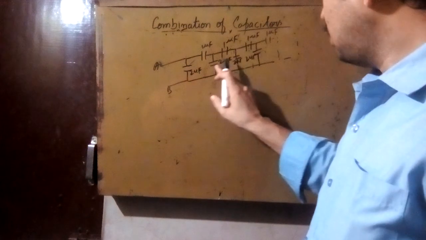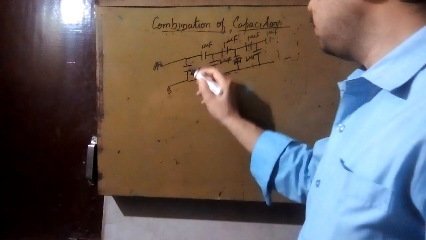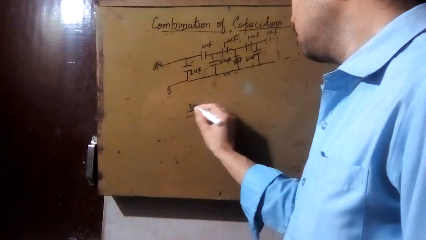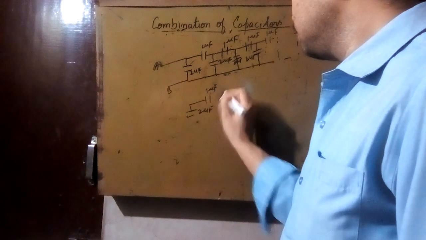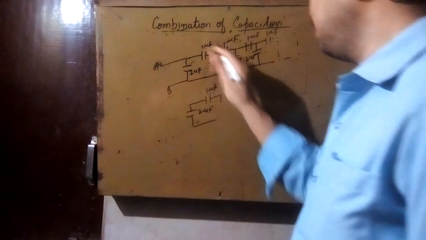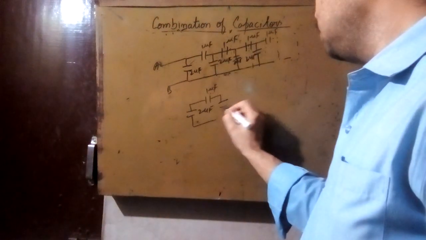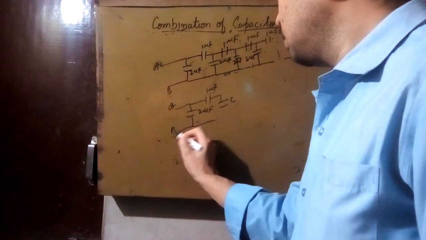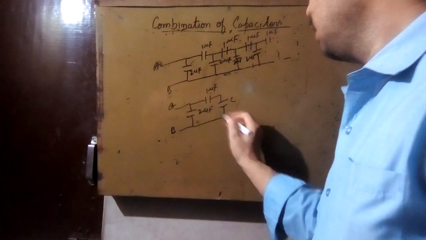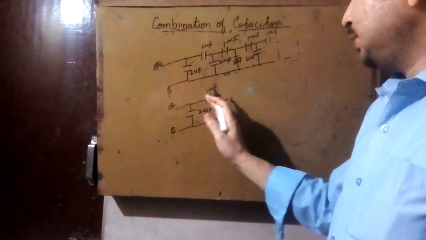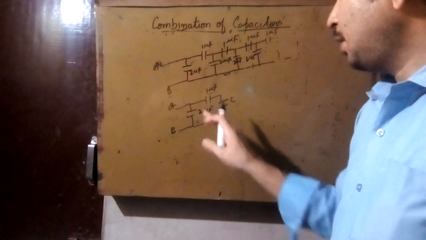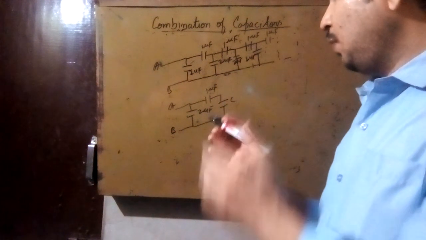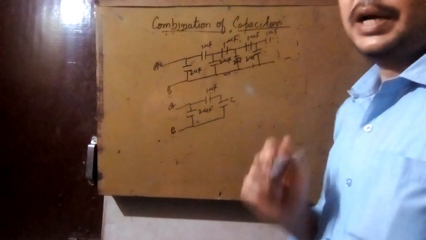Let the combination be, leave one pair, 2, 1. And let the combination of all the pairs be equal to C. You have to find the net capacitance between A and B. So you can see I have left only one repeating pair, 2, 1, and let the combination of all these be C. So if you add one pair, the equivalent capacitance will not change.